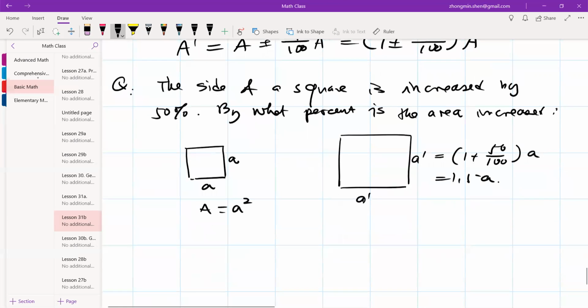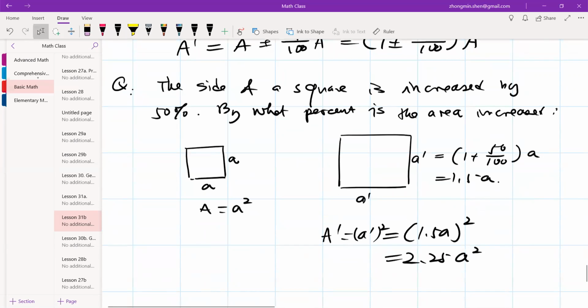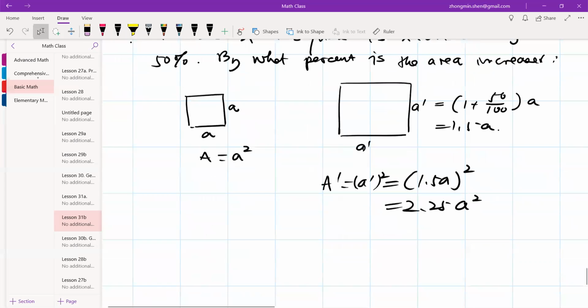Then you square it. So A prime squared is 1.5 squared A squared. If I square it, 1.5 squared is going to be 2.25. A squared is the original area. So the new area is 2.25 times the original area.